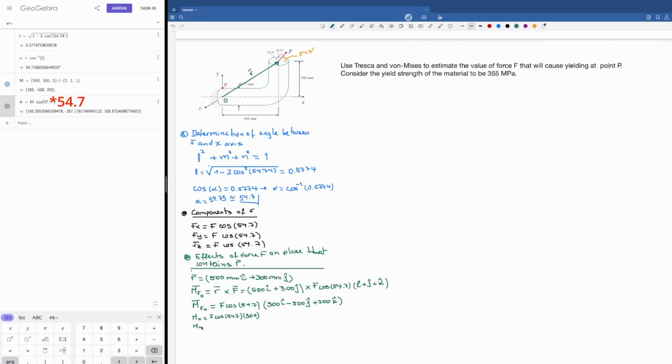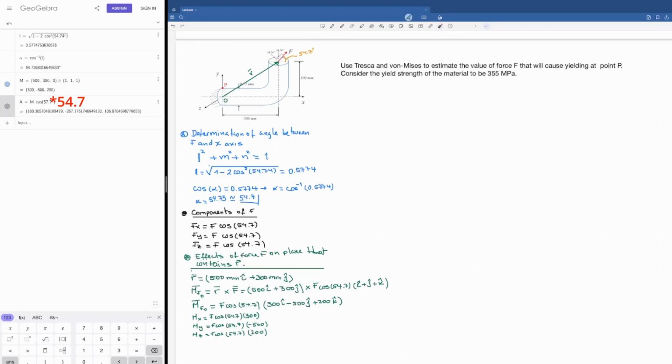Then My is going to be the same value, cosine 54.7, times minus 500, and then Mz is going to be the same magnitude, cosine 54.7, times 200. I did it like this because I want to put it individually. I have forces already here, individual forces, I have individual moments.